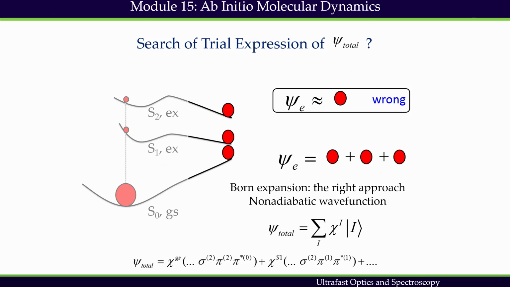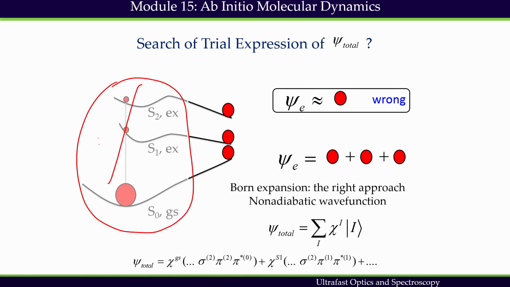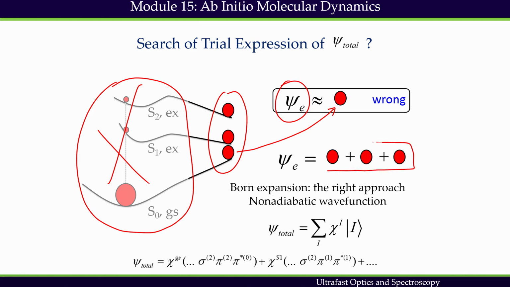Let's say we are not in this regime of the potential energy surface, we are in this regime where different electronic states are coming closer and are very close lying. In that case, one cannot say that the electronic part can be represented by a single configuration. It should be an addition of multiple configurations.